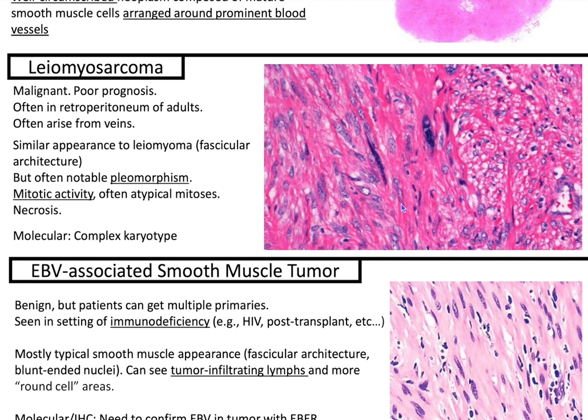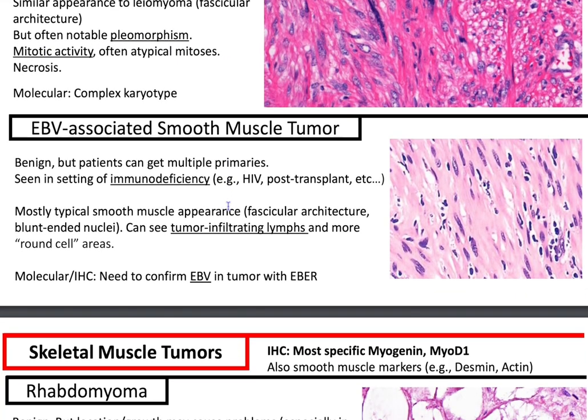Molecularly, you can have a complex karyotype. Just of note, you can have a leiomyosarcoma of the uterus too. And it's important to note that those exist as well. And you will also see mitotic activity and often atypical mitoses as well.